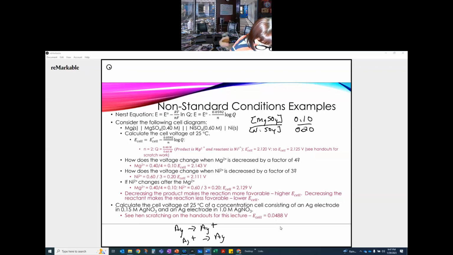And the E naught cell is going to be 0 because these two reactions, when I reverse them, they're going to give me an E naught cell equals 0. And so the only thing that I have here is looking at that log Q.